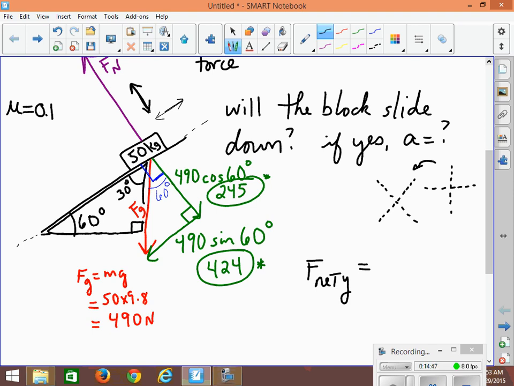So we have two forces that would fall on that line. One is the normal force, and one is the component of gravity pointing in the other direction, the 245. I'm going to first call that something before I put the number in. I'm going to call it FGY, the Y component of gravity.